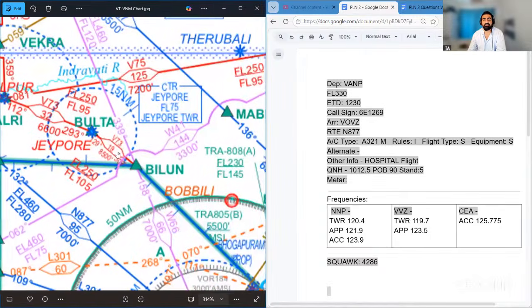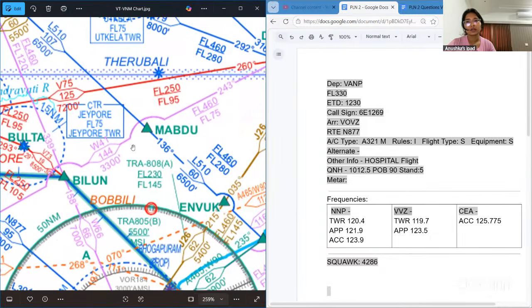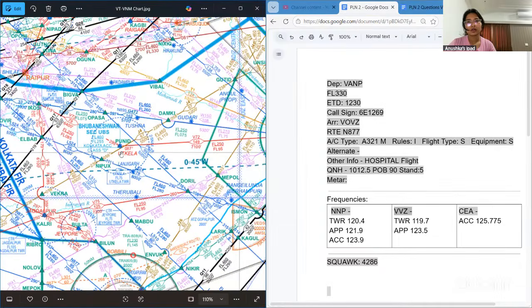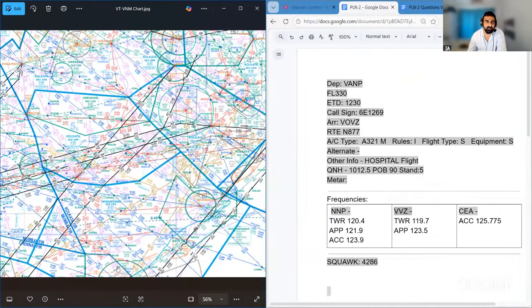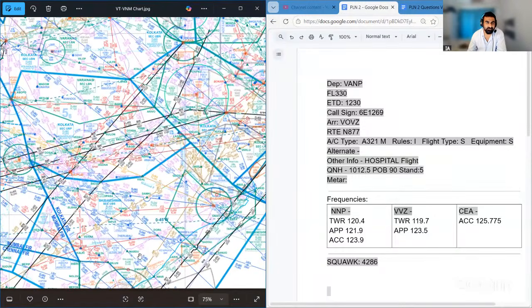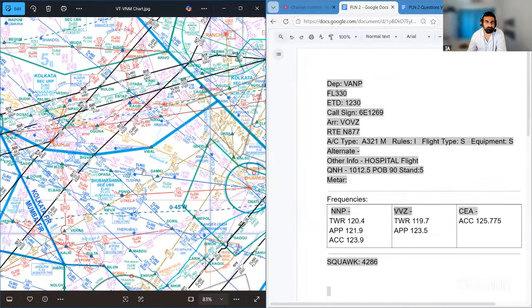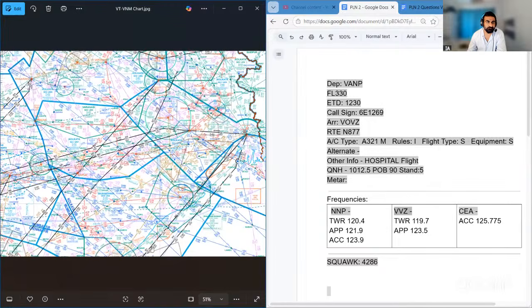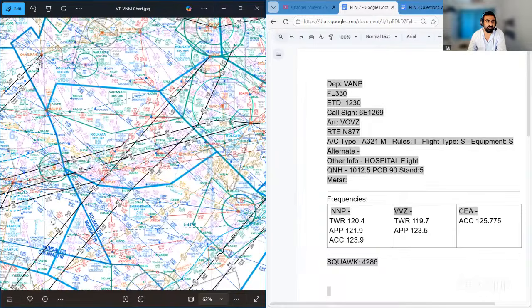Where is Vishakhapatnam? So this chart, I think it's covering up, but this is where Vishakhapatnam would be. Where is it? Okay, we'll see the actual chart in that also.